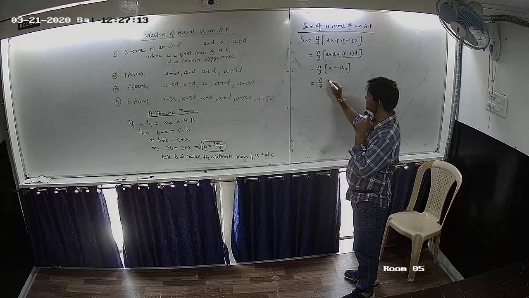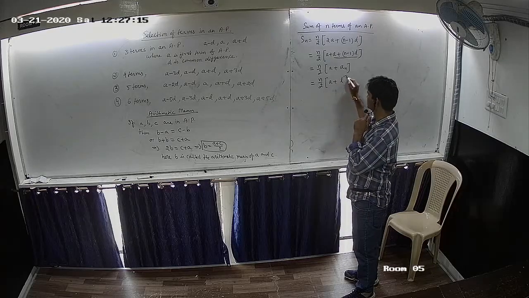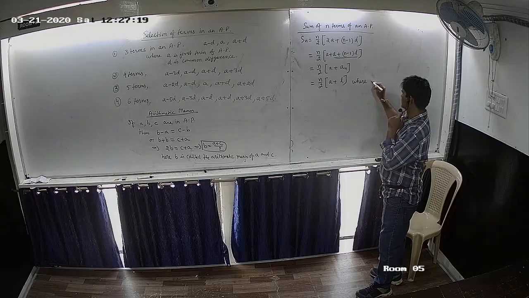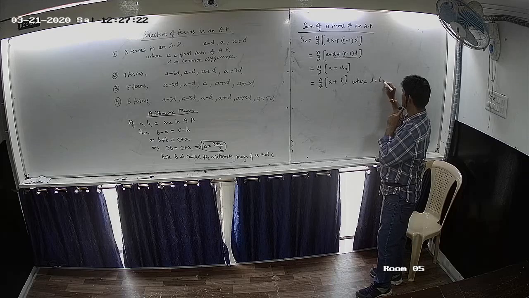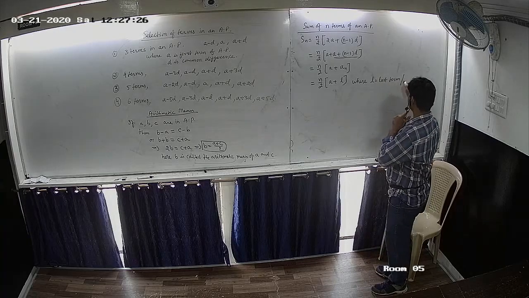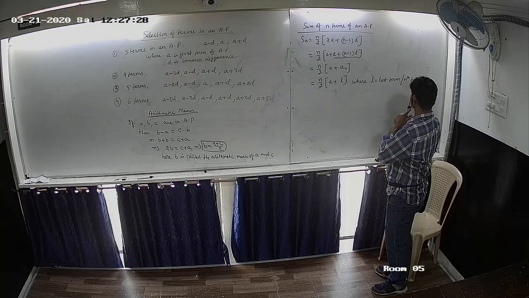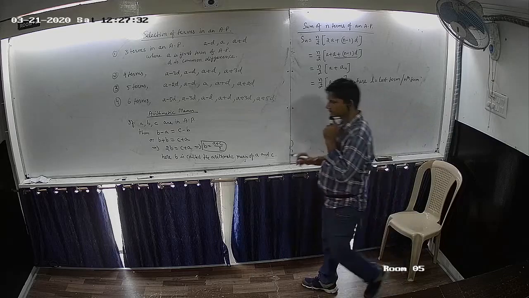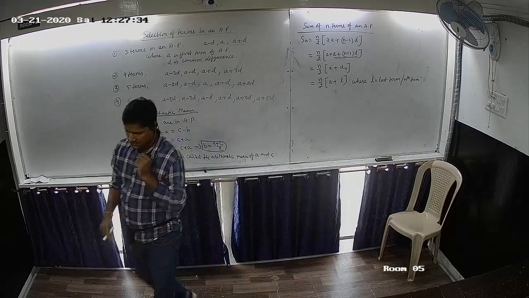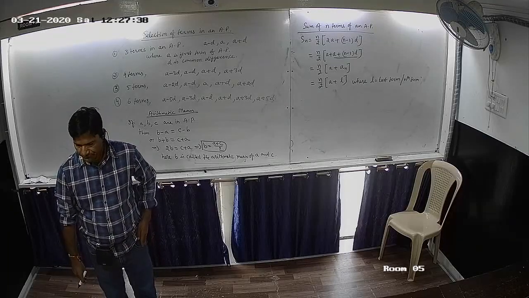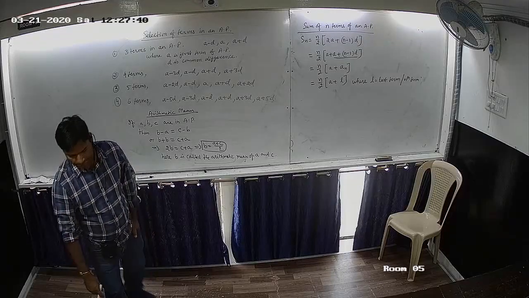So n by 2 into a plus l, where l is equal to the last term or nth term. So we got the formula for the sum of n terms of an AP.